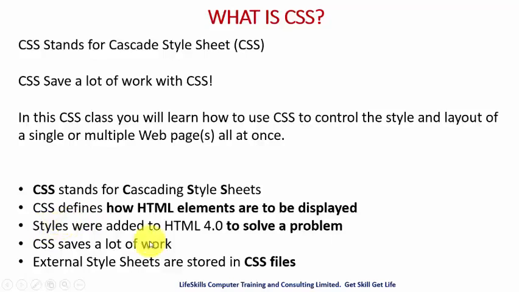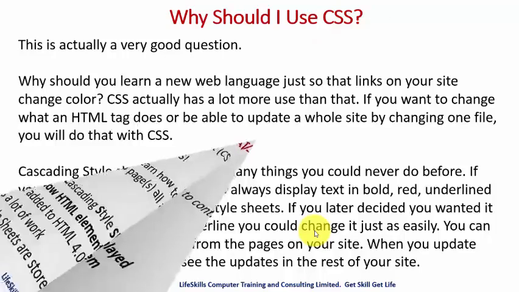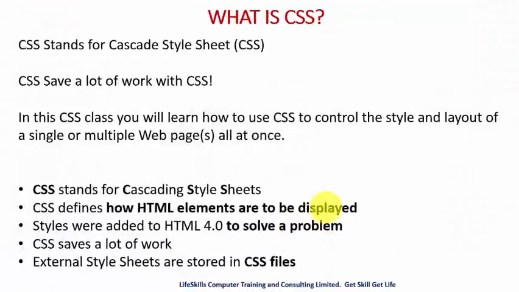So CSS was included in HTML 4.0 to solve the problem. You know that in HTML we do some things like adding font tag, aligning paragraph text, all those things. Now, when you begin to know CSS, you don't need to be applying font tag or to be using color in HTML or to be using background color in HTML.